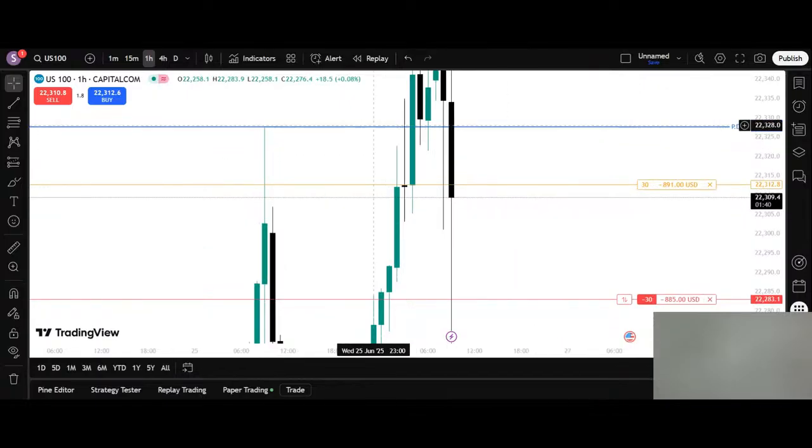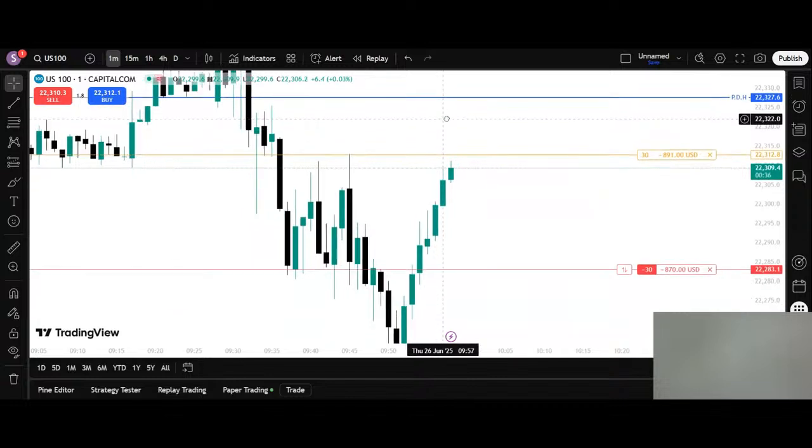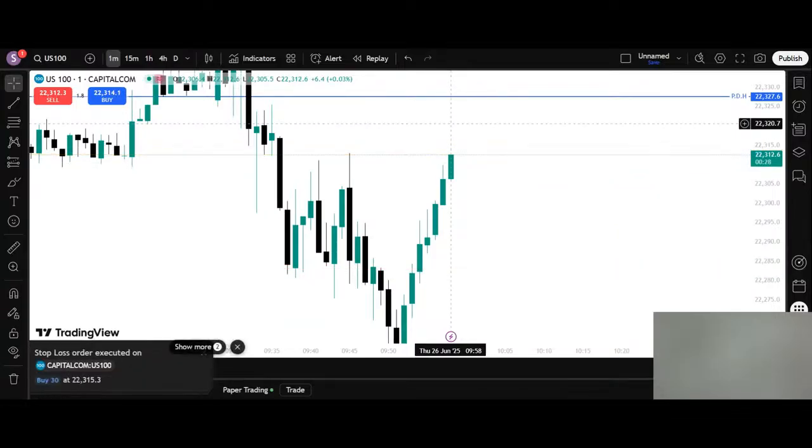Only 40 ticks left. The stop gets hit, and it's gonna get hit. And gone.